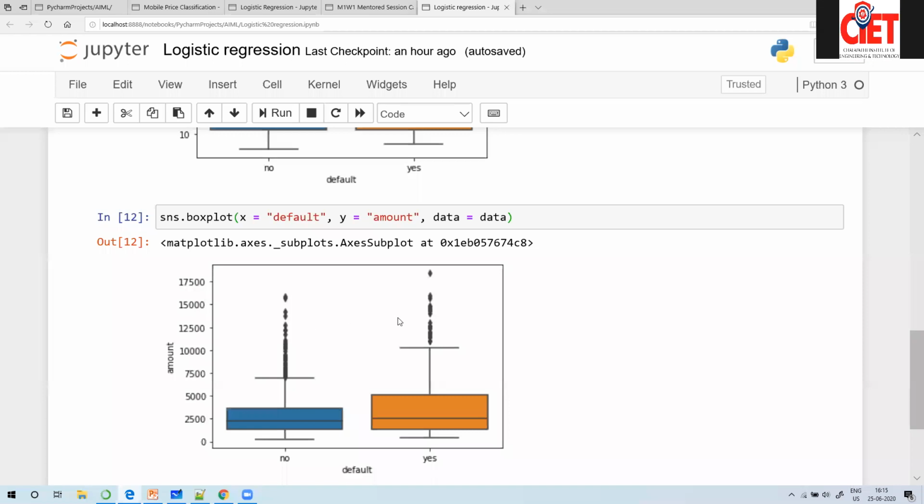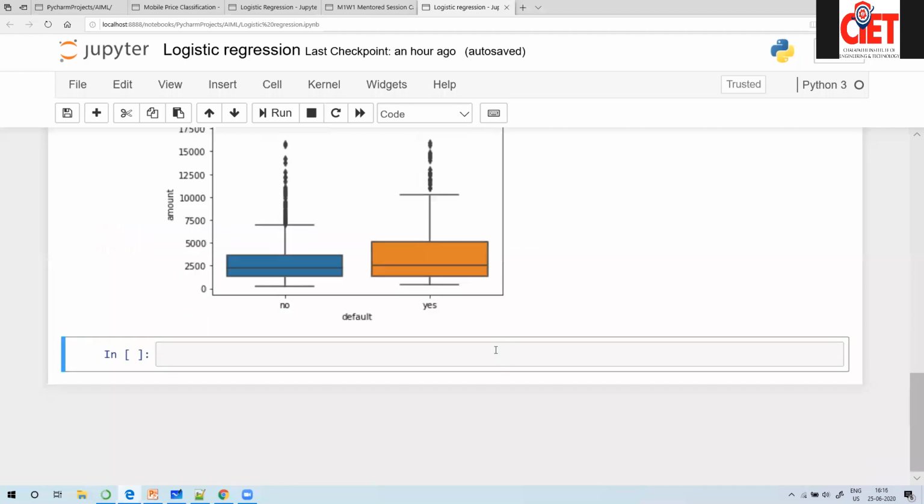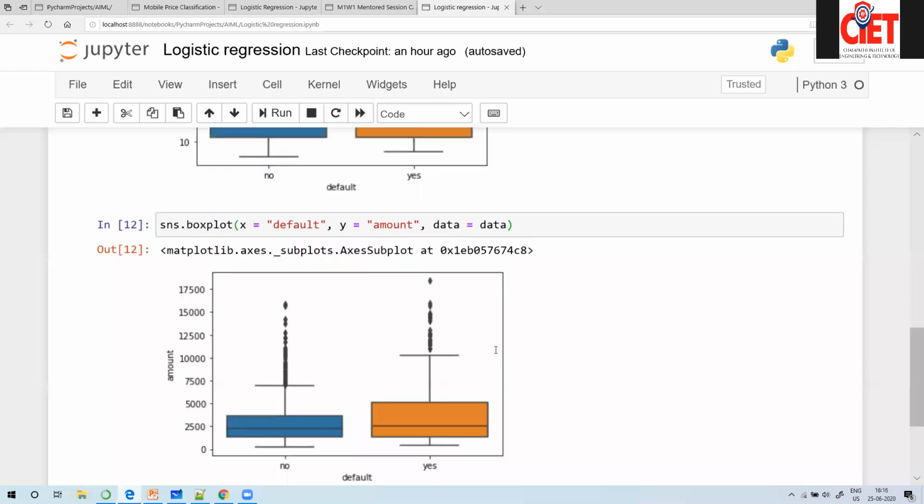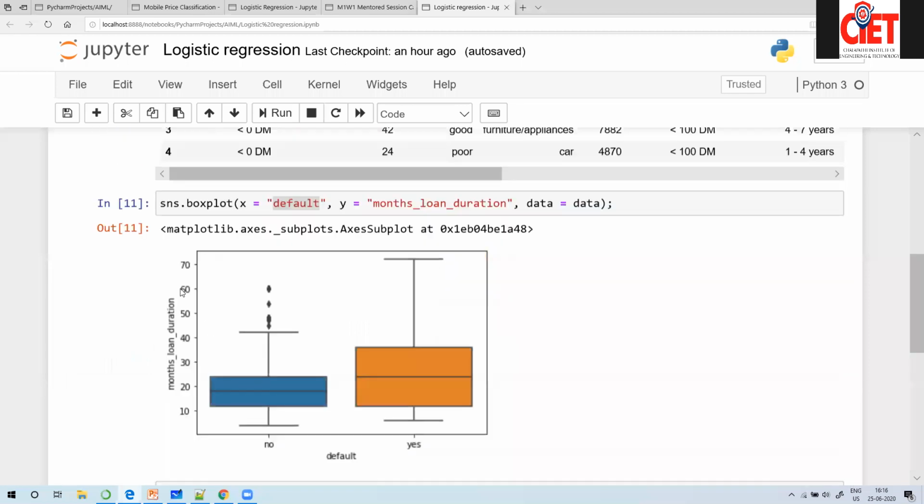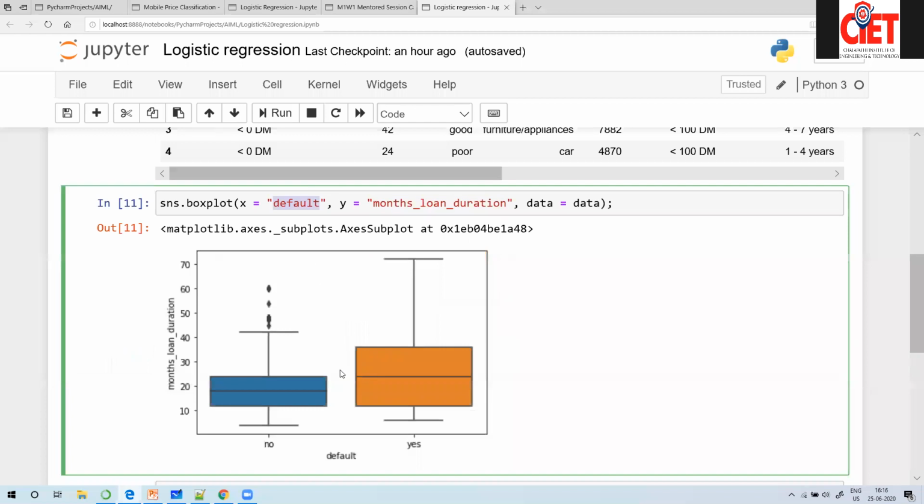You can call them outliers, people who took a huge amount as loans. So those are those dots. Okay. So this is how you try to understand the relationships between the data. And this is a relationship between a continuous variable and a discrete variable.